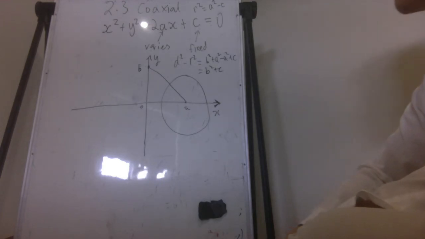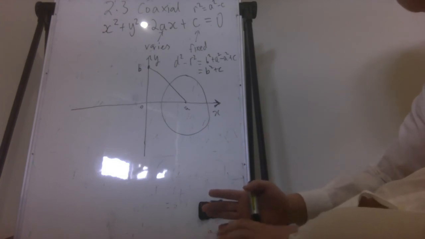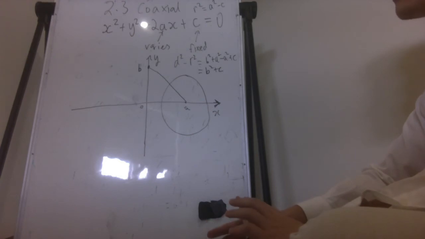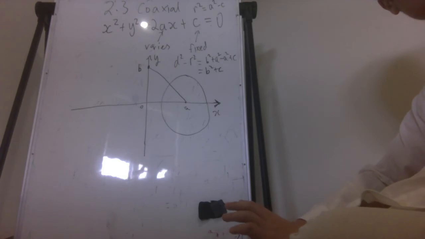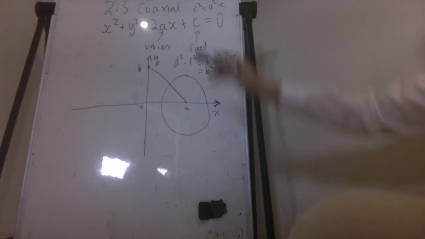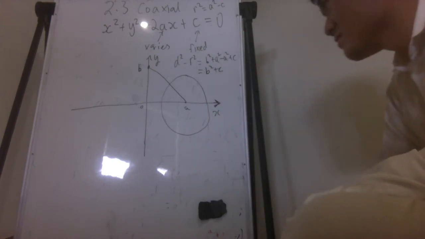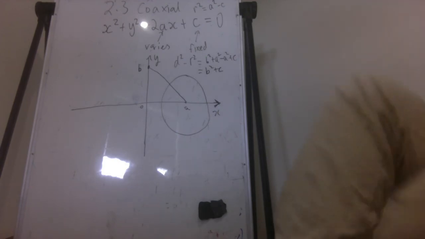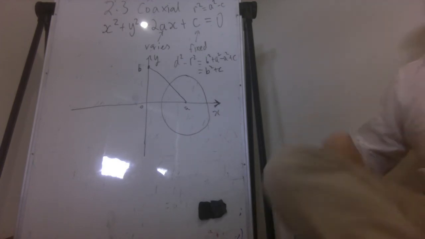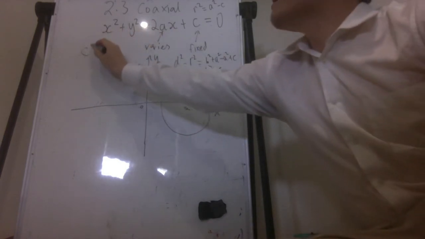Depending on what C is, you can see what case you're in. Can you see fundamentally how many different cases there are for C? So C equals 0 is one of them, yeah?